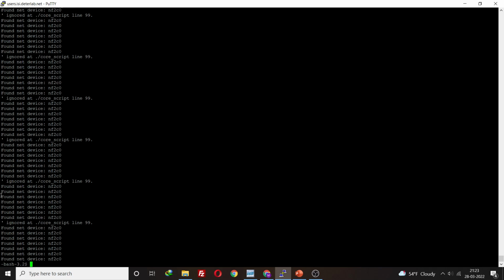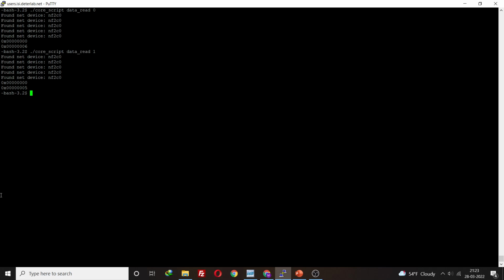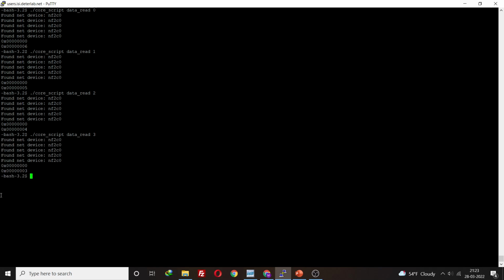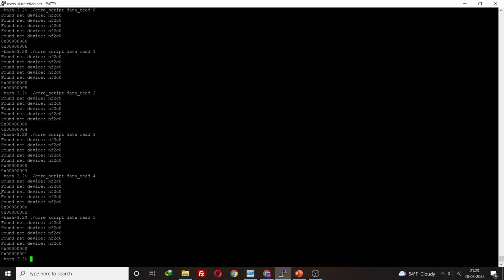After the instructions and the data have been written, let's take a look at the data before we run. As we can see, addresses 0 through 5 have the values 6, 5, 4, 3, 2, and 1.